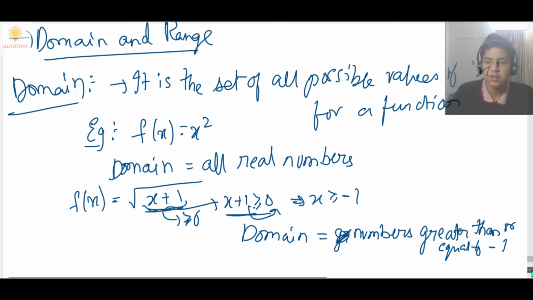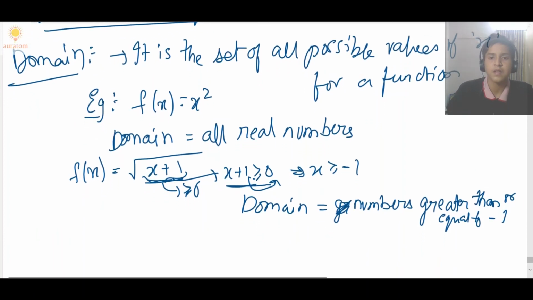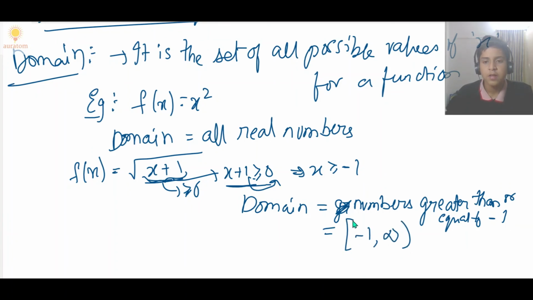We have a specific notation to say this. I'll show you that. We can say the domain is from -1 to infinity. Here we use a square bracket, and here we use a parenthesis, because a square bracket implies a closed interval, which says that -1 is included here, but this parenthesis represents an open interval, which means this is not included, and that's why we used a square bracket here and a parenthesis here.